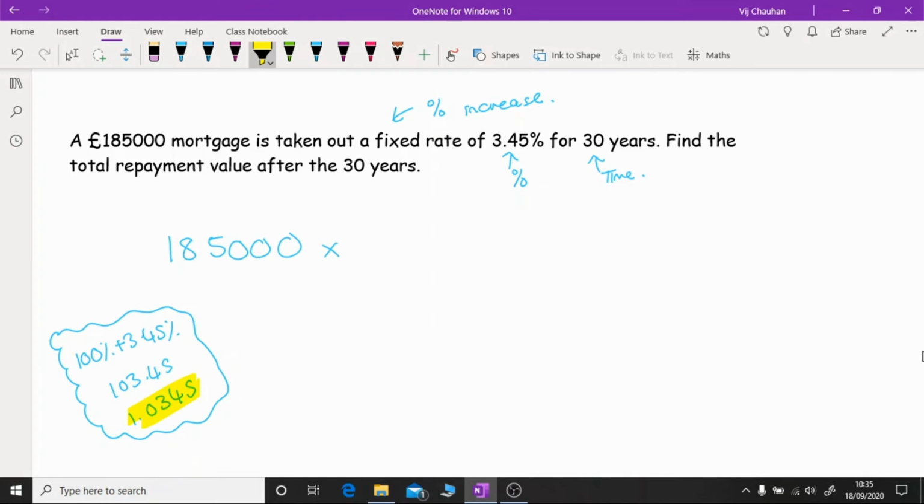So this here is our decimal multiplier, 1.0345, and we're going to work it over 30 years. So 185,000 times 1.0345 to the power of 30 years.